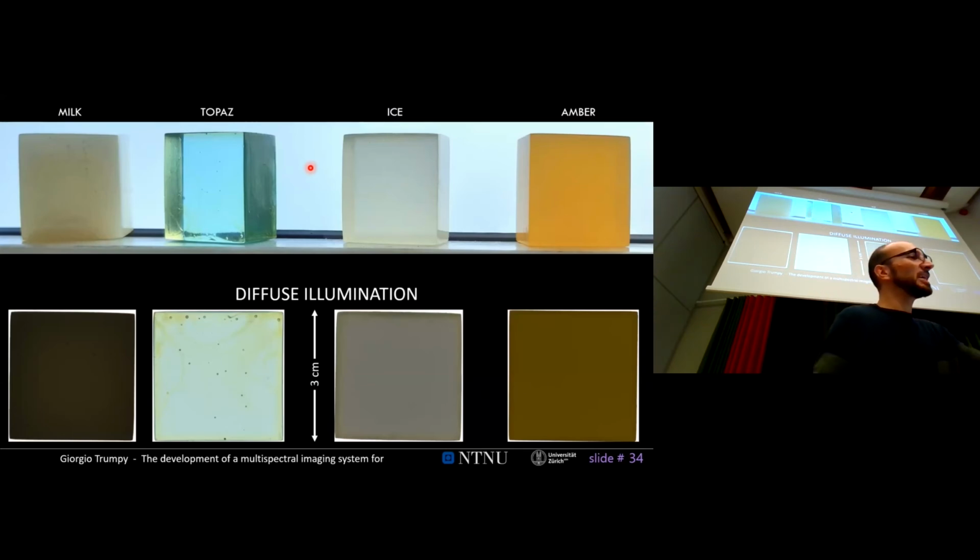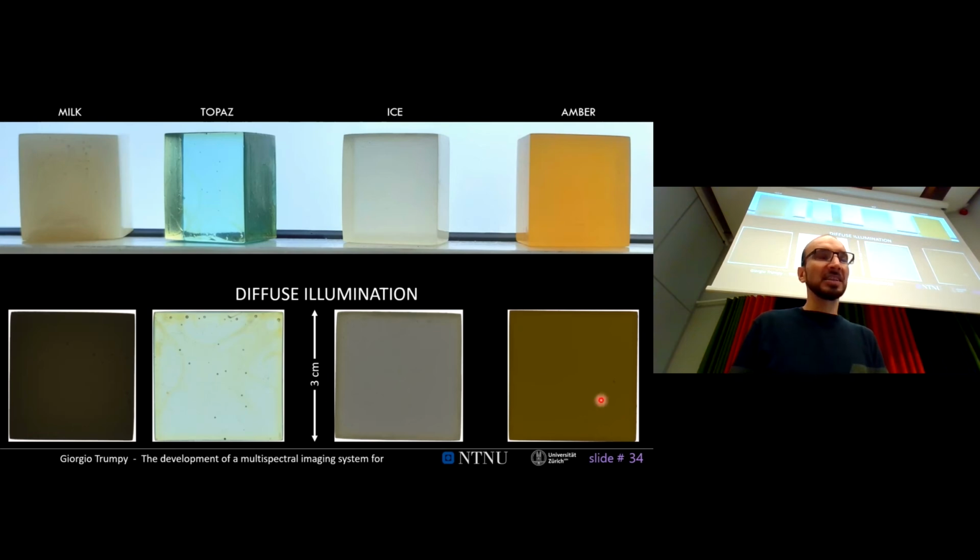So I gave these names: milk, topaz, ice, amber. Of course, they are not real gemstones. These are the names that came to my mind to describe the samples.